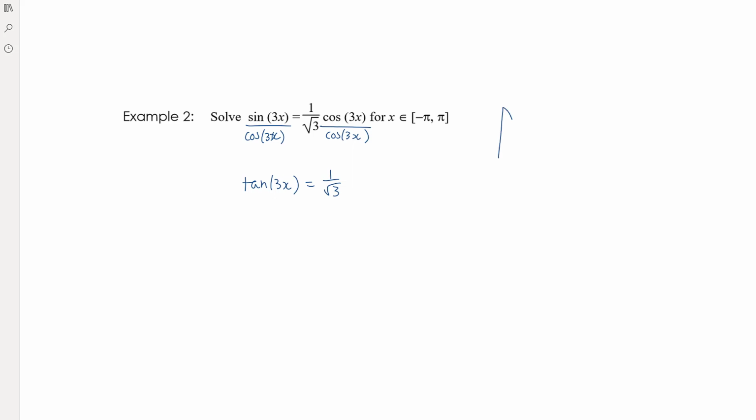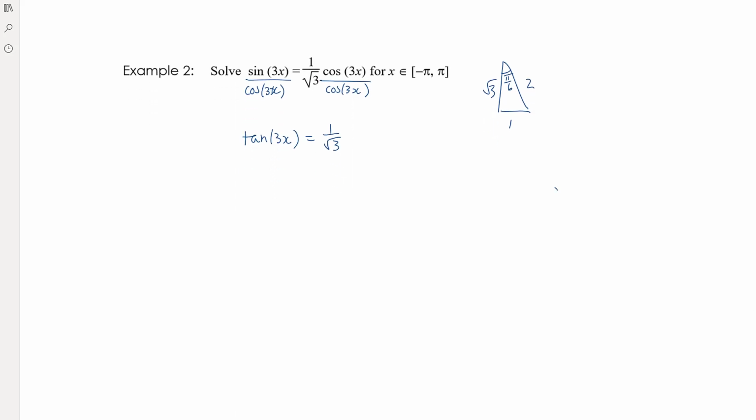Okay, so exact values, half the equilateral triangle, 1 on root 3, which means we must be talking about pi on 6. We're looking at tan being equal to a positive value, so again, our solutions are in the first and third quadrants. Should have made one of the equations in this section negative, shouldn't I?